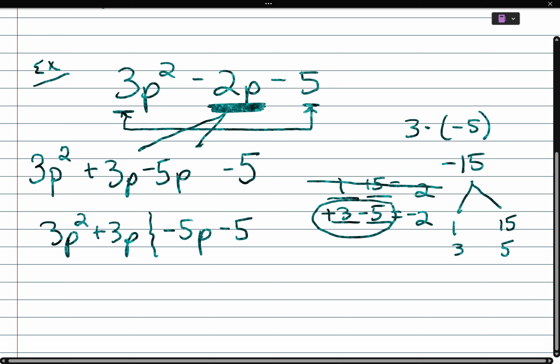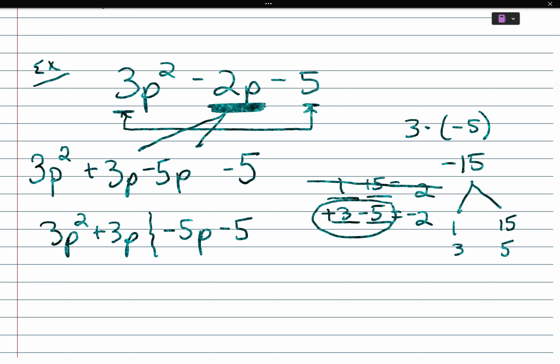So next, what I'm going to do is go ahead and do each part separately, factor by GCF. Well, the GCF of 3p squared and 3p is 3p, right? They both have a 3 in common and a p in common. Then you just divide. 3p goes into 3p squared, p times. 3p goes into 3p once, right?